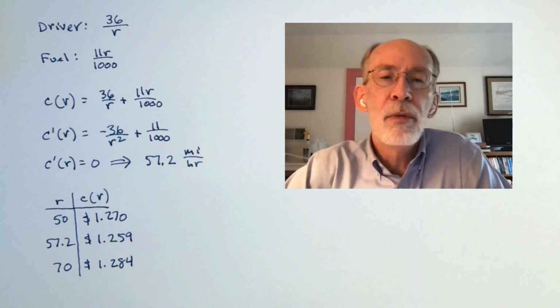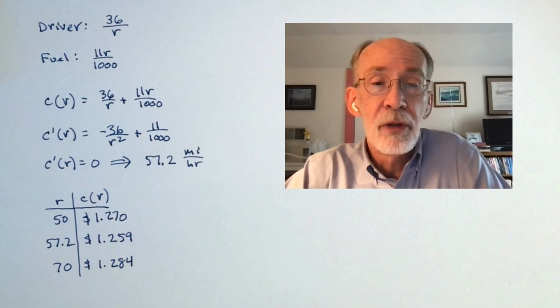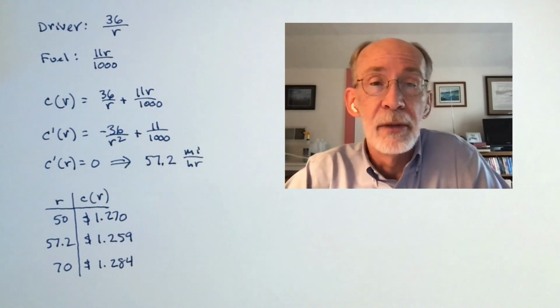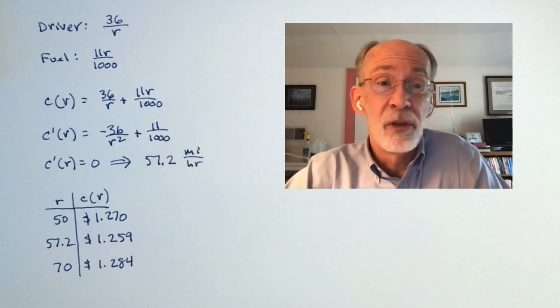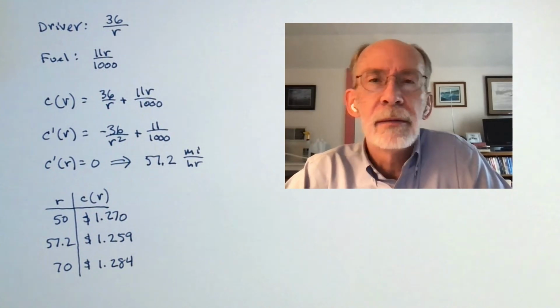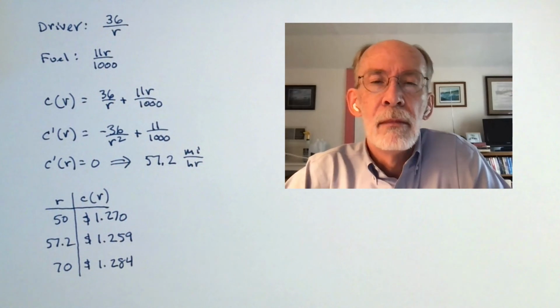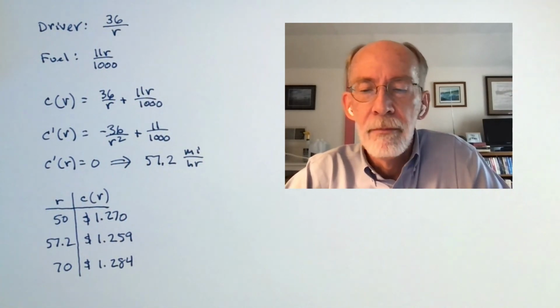So there's not a huge difference here, right? It's only about 2.5 cents between the optimum and the maximum speed that we've considered, which is 70. So is this a lot of money? Is it really worth bothering about this even? Well, if you assume a driver drives 8 hours at 60 miles an hour, then they've gone in a day about 480 miles.